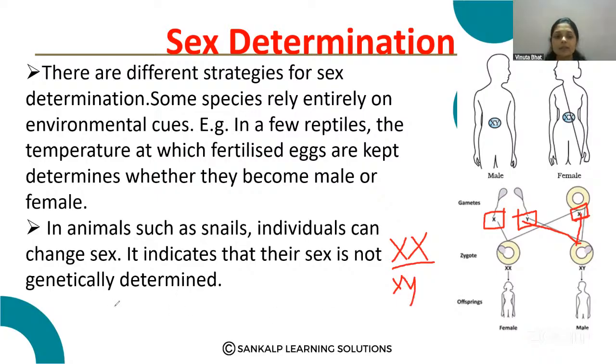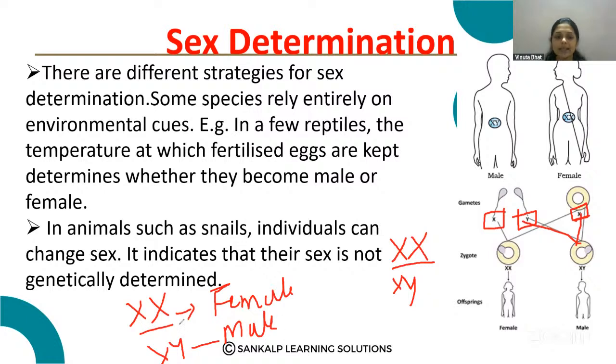Here the human beings having XX chromosomes will become female. Okay, XX chromosome means female and XY chromosome means male. So the sex is determined by these XX and XY chromosomes.